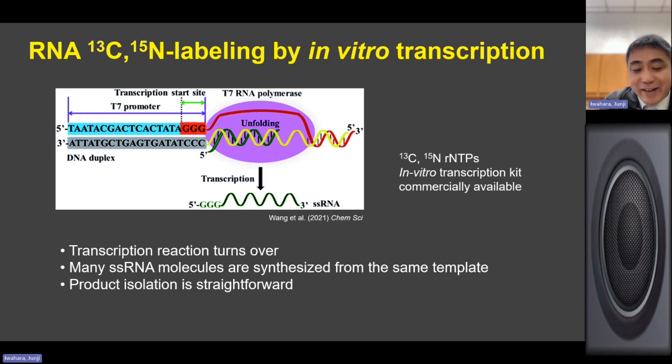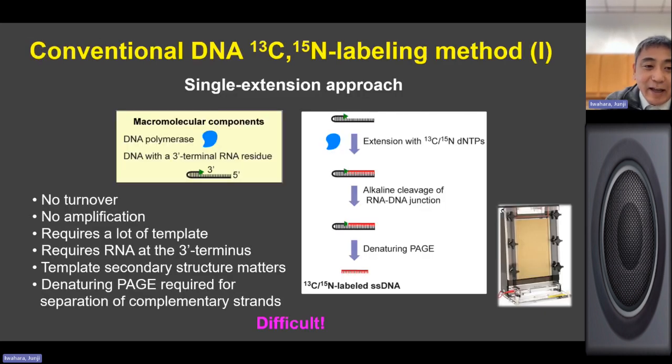Compared to this quite nice method for RNA isotope labeling, DNA isotope labeling is much more challenging for single-stranded DNA. This is the most common way to make double-labeled single-stranded DNA, and this is what we call the single extension approach. Because in this approach, the enzyme conducts the extension reaction only once for each template.